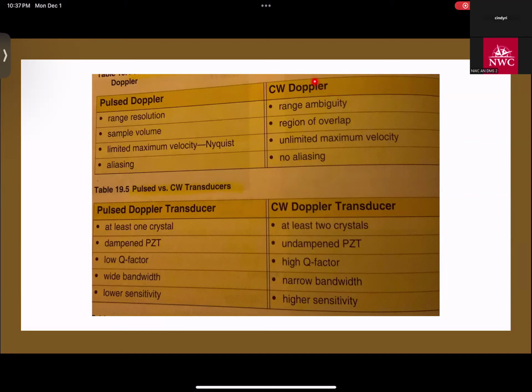If the test is talking about range resolution, range accuracy, it's talking about pulse wave. This one uses a small sample volume at a specific depth. This one has a large region of overlap that does not cause aliasing, whereas pulse wave Doppler does. So I just liked all of these ideas being brought together in a diagram.